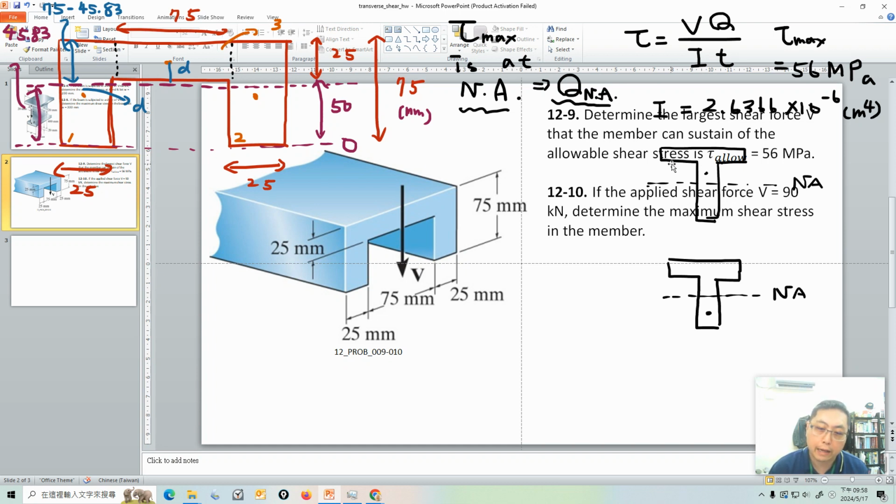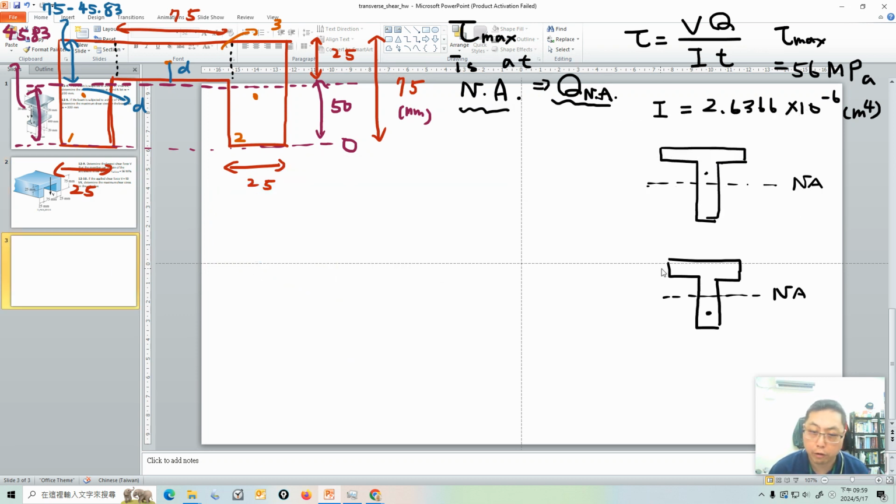At the very beginning of this problem, I said the maximum shear stress in a beam is always at the neutral axis. If we want to calculate the shear stress in the beam, we already have the moment of inertia, and we also have to calculate another important parameter called Q. Q depends on the position of Y.